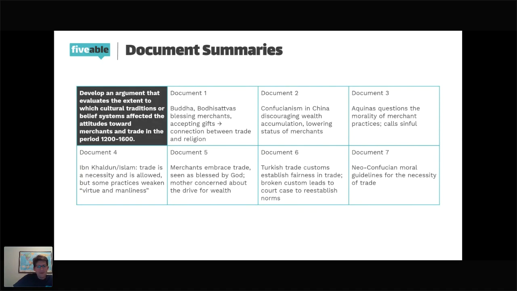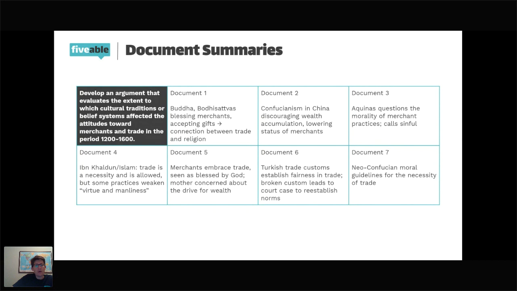Here we have a very different view of trade than what we saw with Aquinas. Instead of a practice being sinful, we see a shift in attitudes toward trade. So this would be a change that I might highlight in my essay.